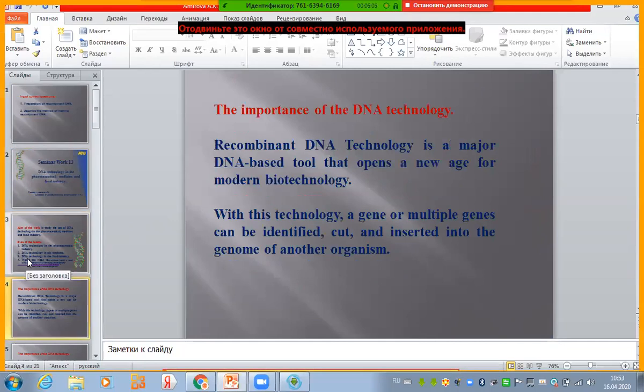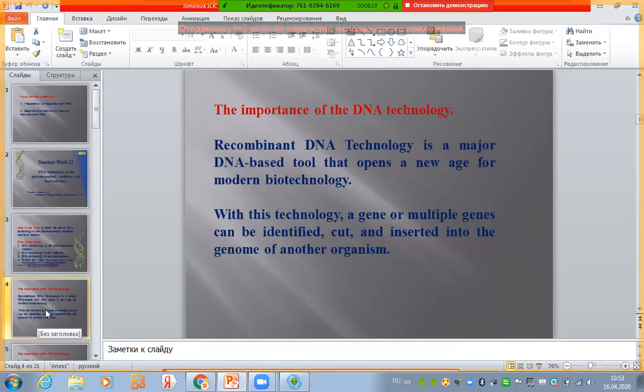The importance of DNA technology. Recombinant DNA technology is a major DNA-based tool that opens a new age for modern biotechnology. With this technology, a gene or multiple genes can be identified, cut, and inserted into the genome of another organism.